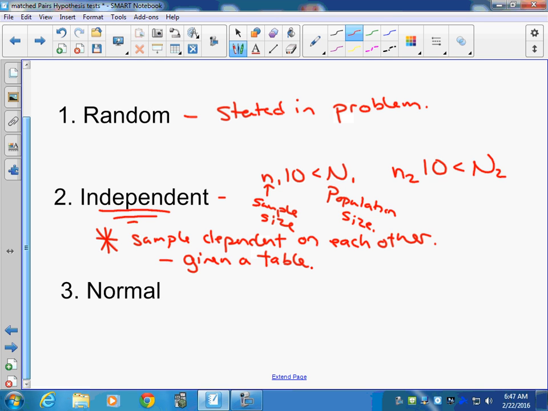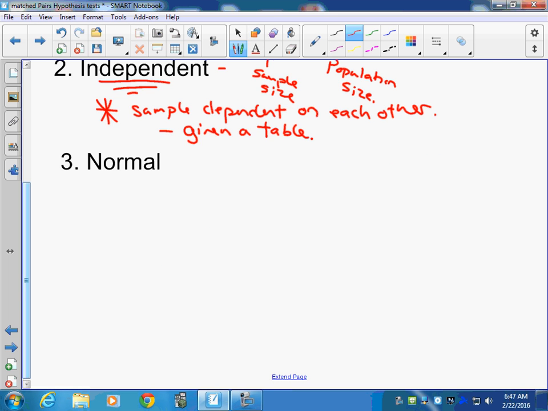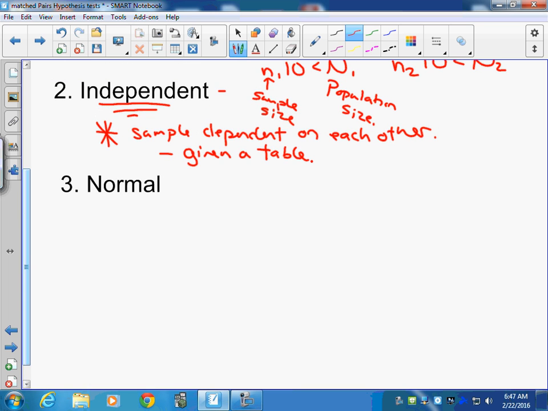I'm just not given mean value 1, mean value 2. Look to see, are they independent? And as you're verifying your assumptions, that's when you would make that choice about going to a matched pairs over a two sample.